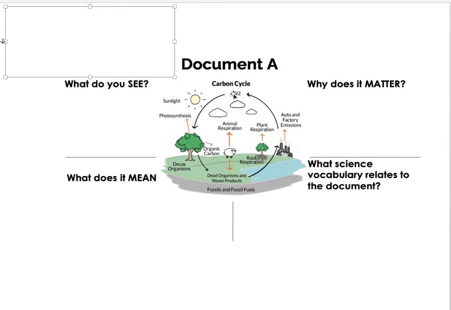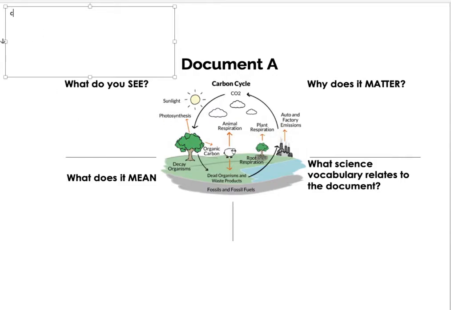Here it's showing an arrow of carbon dioxide going into the trees and then cycling into dead organisms and waste products, and then being released into the atmosphere again through emissions. We're going to go ahead and just write what we see.